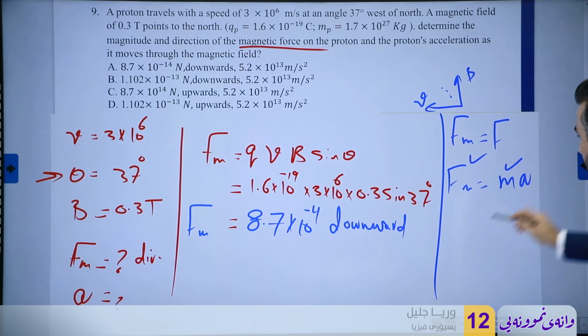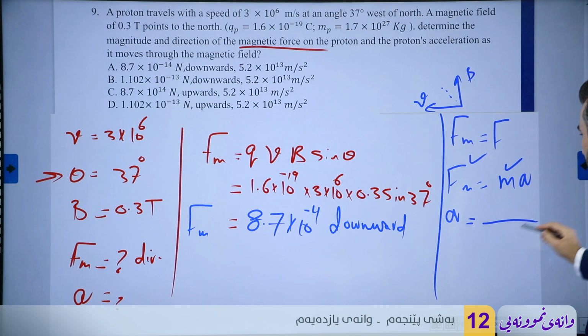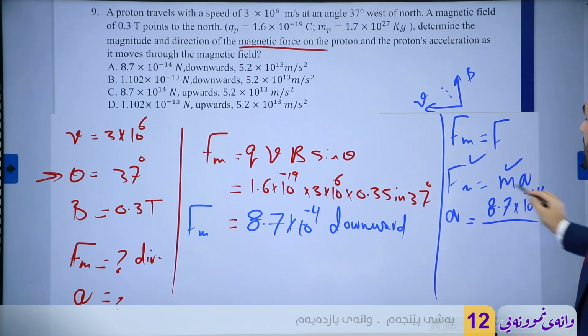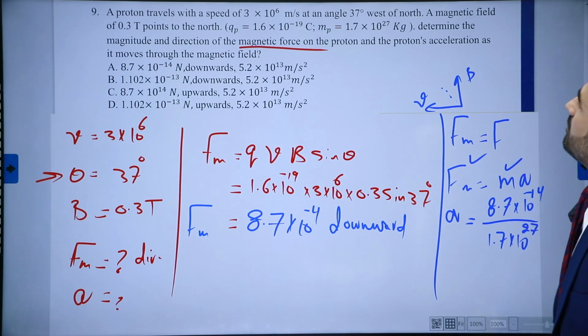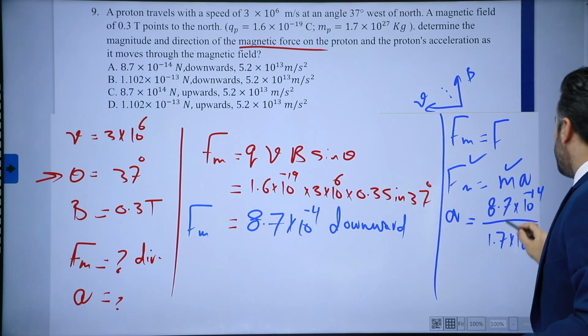We have the mass of a proton, so we can find the acceleration. Acceleration equals the magnetic force, which is 8.7 times 10 to the power negative 14, divided by the mass of a proton, which is 1.7 times 10 to the power negative 27.